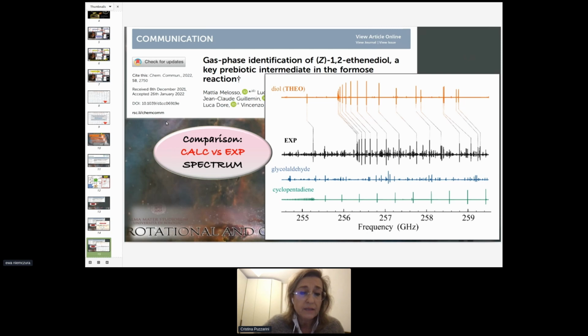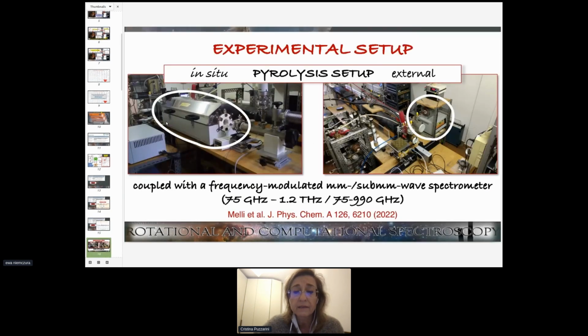And the reason is, please, next slide, that this molecule is an unstable one. You cannot buy it. And it's produced by pyrolysis, flash vacuum pyrolysis. And we have two setups. In particular, in this case, we used the one on the right, the external pyrolysis oven. Please, next slide.